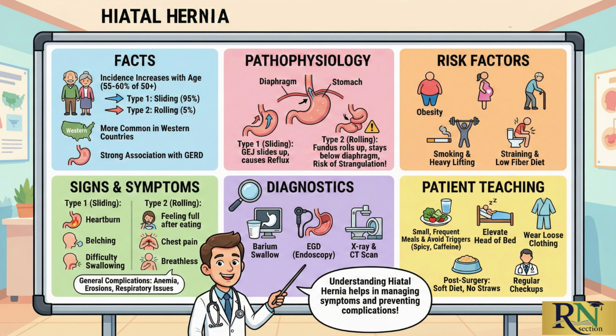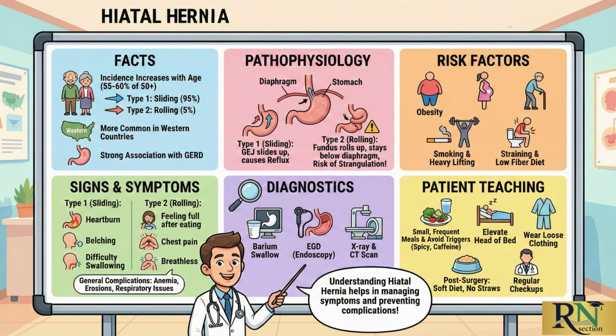Signs and symptoms for type 1, the sliding: often asymptomatic. If symptoms occur, they include heartburn, regurgitation, chest pain, dysphagia, and belching. For type 2, the rolling: feeling full or breathless after eating, feeling of suffocation, chest pain like angina, and worse symptoms when lying flat.